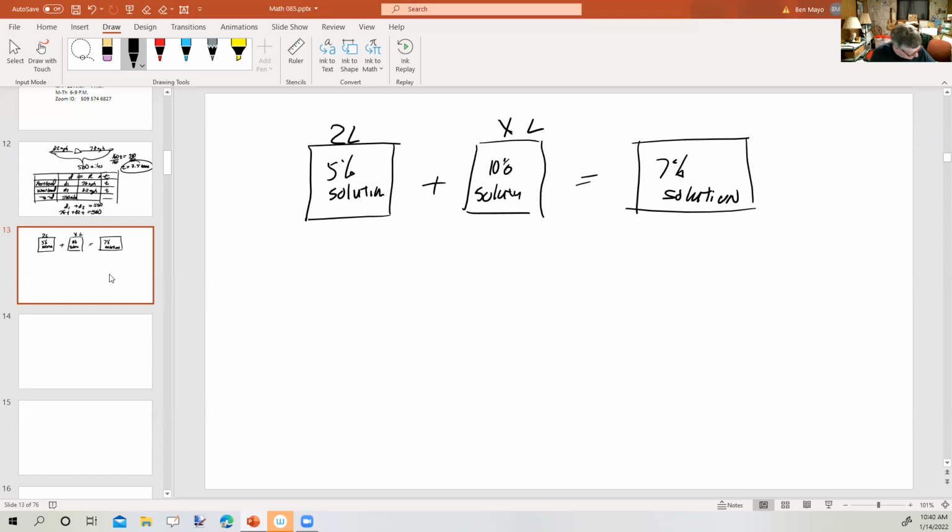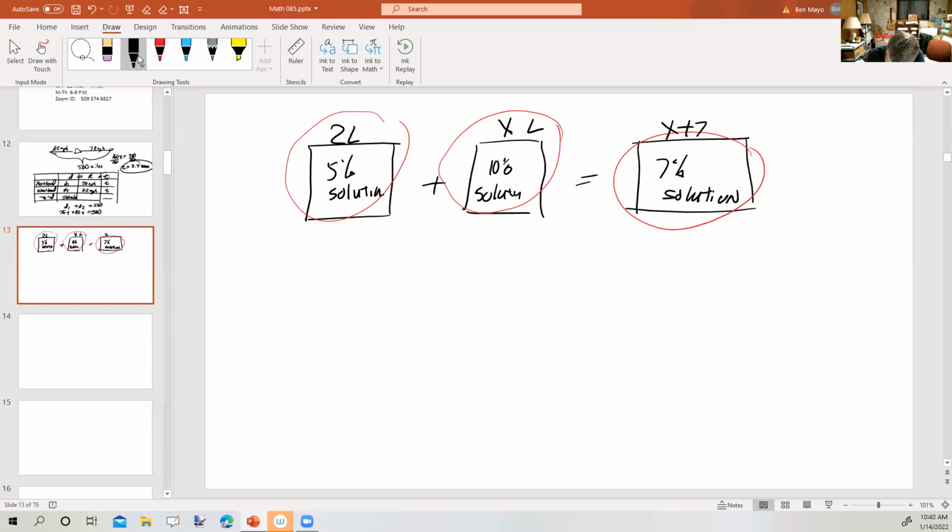Okay, so let me read it through again. A photographer wishes to mix 2 liters of a 5% acetic acid solution, so there's that, with a 10% solution. They don't tell us how much of the 10% solution, to get a 7% solution. Now, if I mix 2 liters plus X liters, how much do I have?